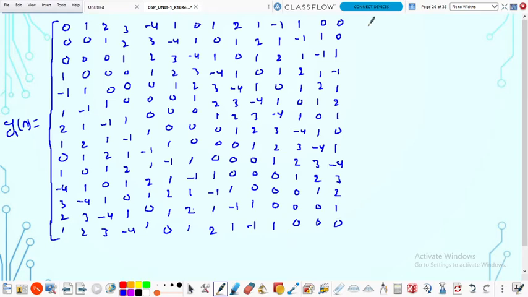Again rotating, we get the original sequence. Again rotating one more time, we get 0, 0, 0, 1, minus 1, 1, 2, 1, 0, 1, minus 4, 3, 2, 1. This is the last sample of the sequence x1 of n.